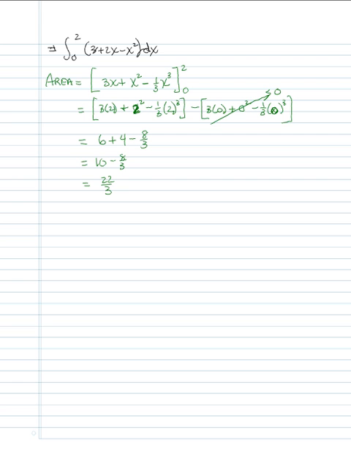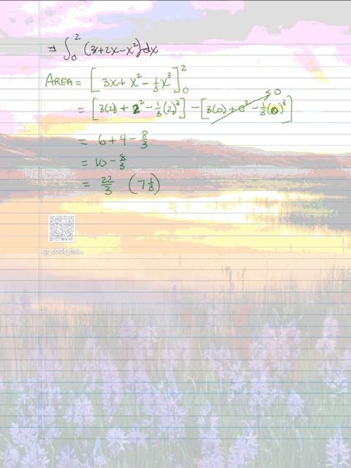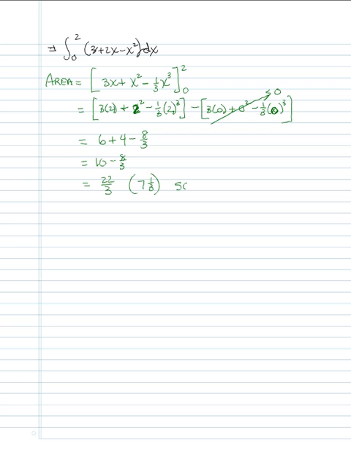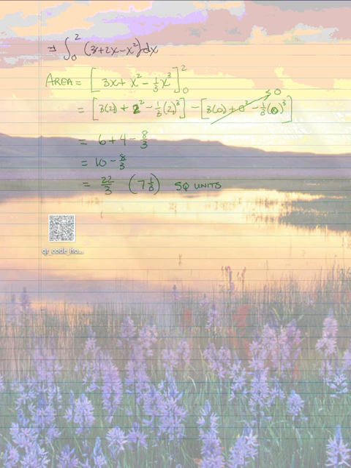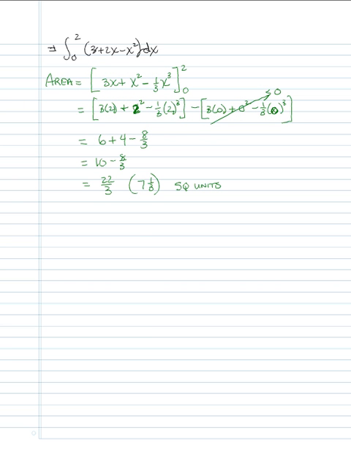And remember, we'll leave them as improper fractions, but sometimes it's nice to know, as a decimal or as a mixed number, just how much that is. That's 7 1/3, and of course these are square units, aren't they? Because we're talking about area. So the area of the region involved is 7 1/3 square units.